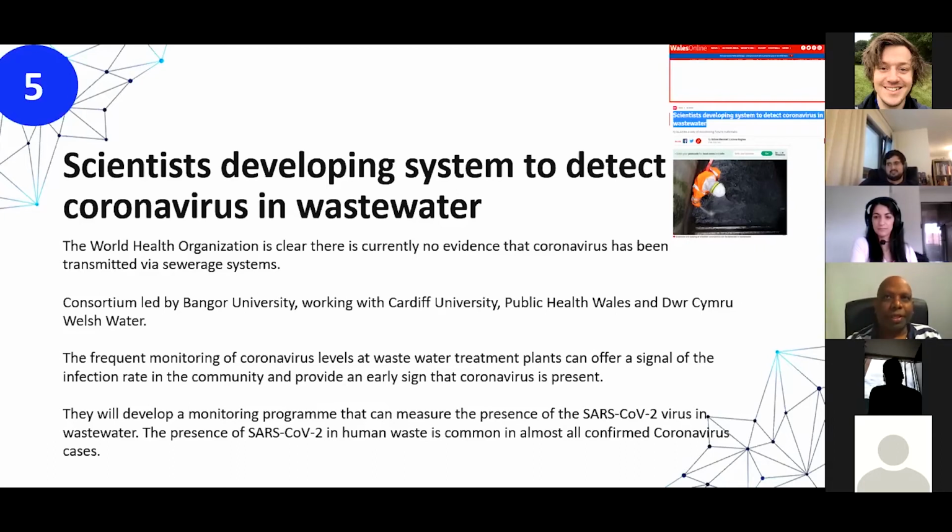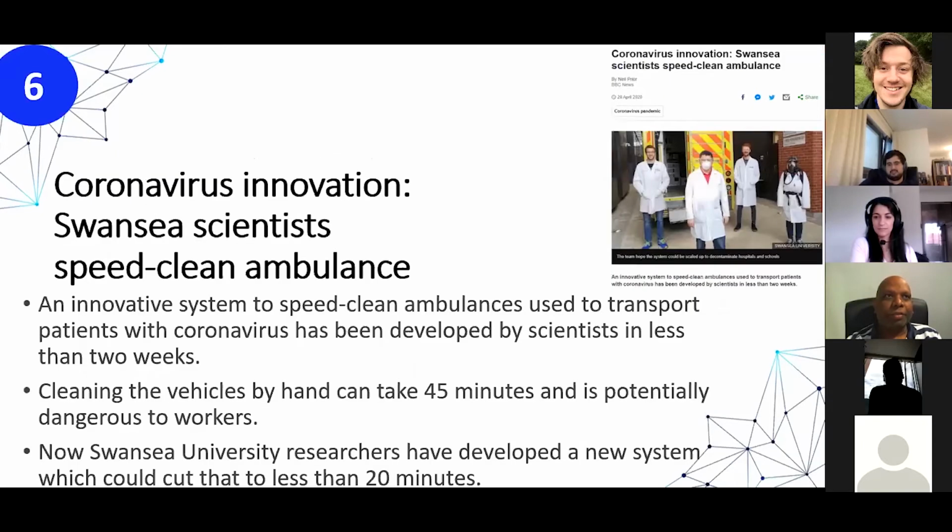So that's one, and the next one is Swansea scientists have come up with a speed clean system for ambulances, which I thought is super interesting because the current manual way of cleaning the ambulance takes about 45 minutes.